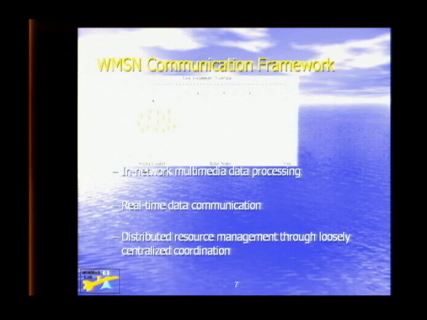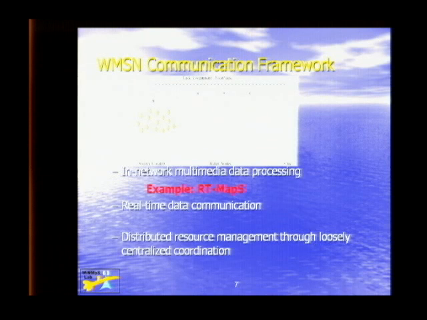Second, once you have the data, either in raw form at one extreme or completely processed into result form at the other, you need to communicate it in real time to the destination. And third, you need to manage your resources in a distributed way with some feedback from a centralized controller.